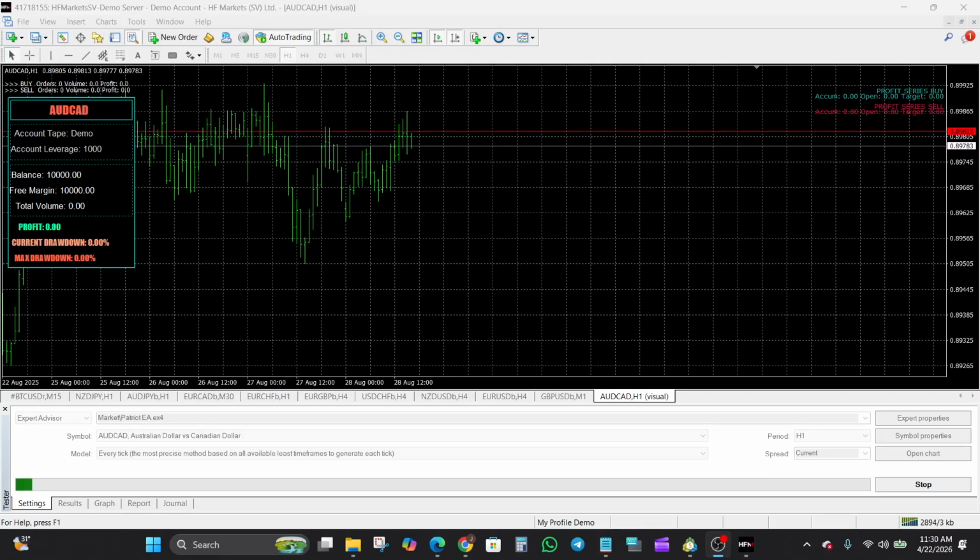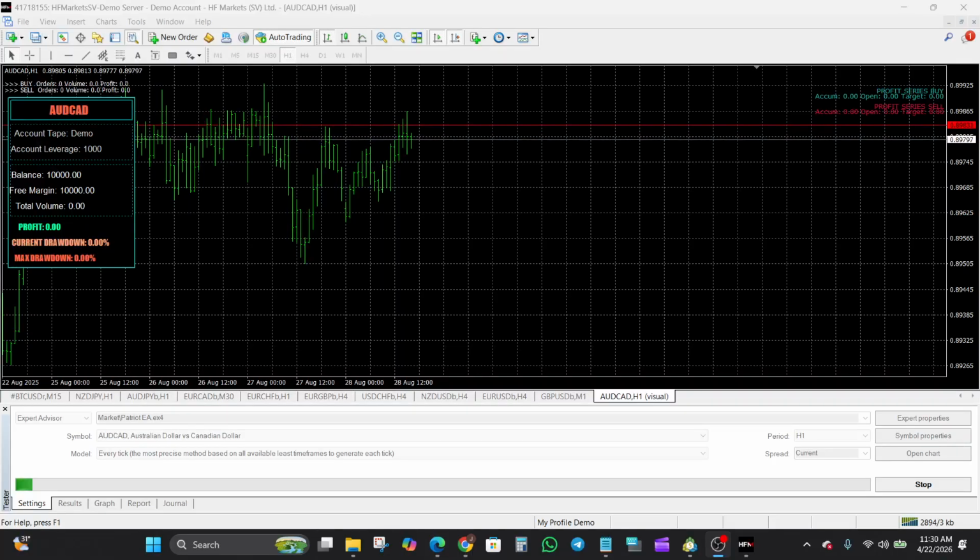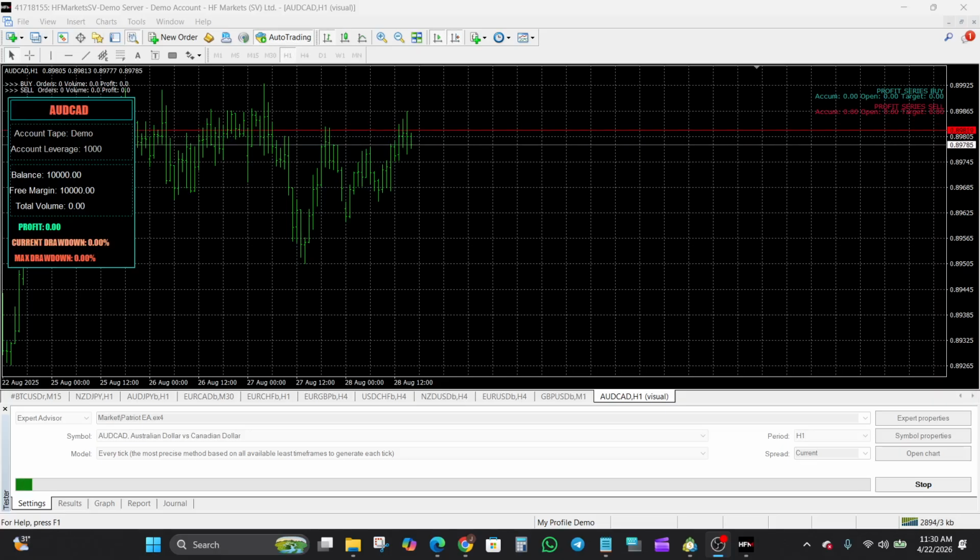Okay, so remember that this EA uses a grid structure, and instead of placing trades randomly, it spaces them based on that smart distance logic that we talked about initially when we were going through the MQL5 marketplace information.